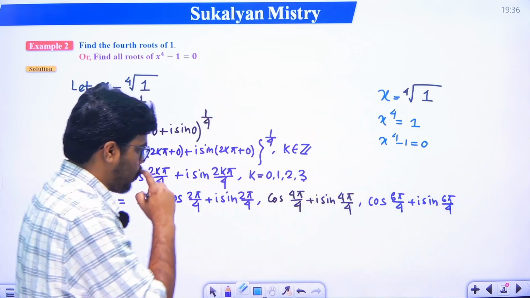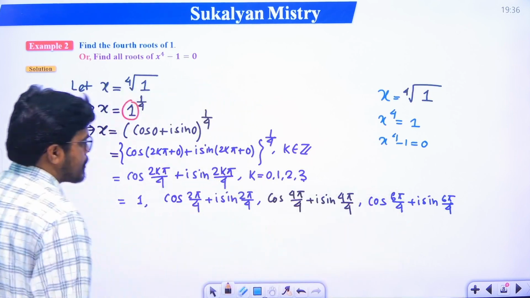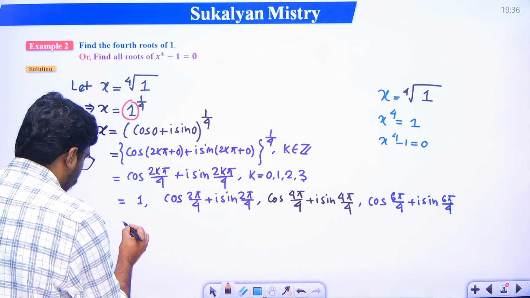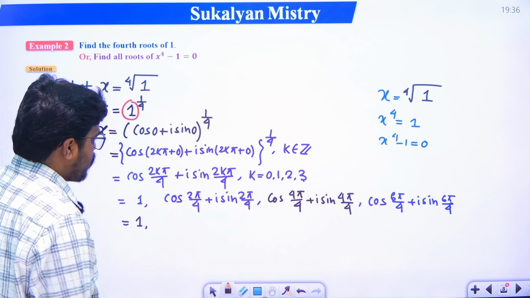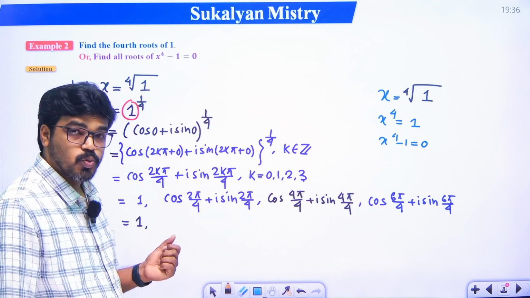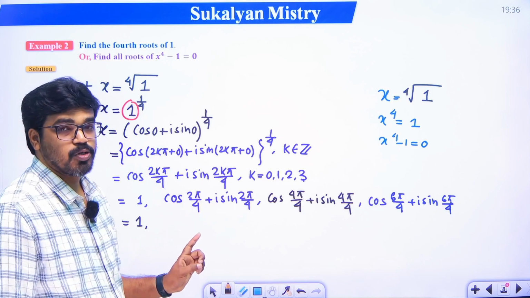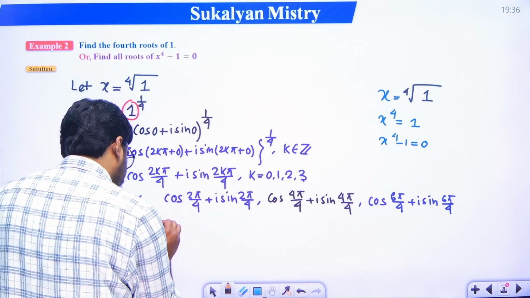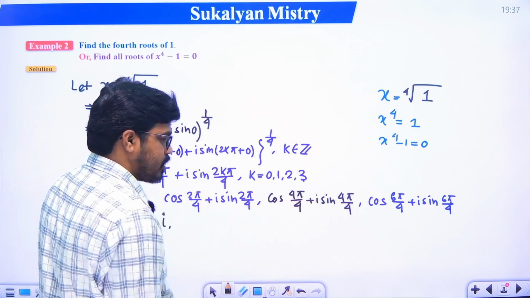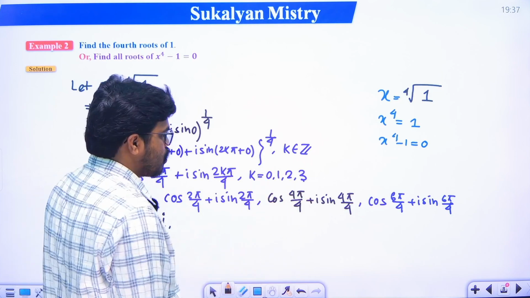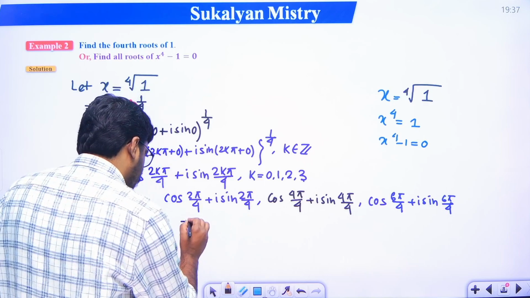Okay, now just see. So this is equal to 1. Cos 2 pi by 4, that means simply cos pi by 2 plus i sin pi by 2. Cos pi by 2 is 0, sin pi by 2 is 1. That means i. Then cos pi is minus 1, sin pi is 0, so this is minus 1.